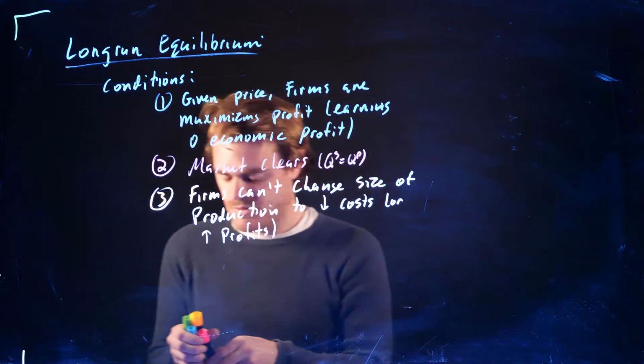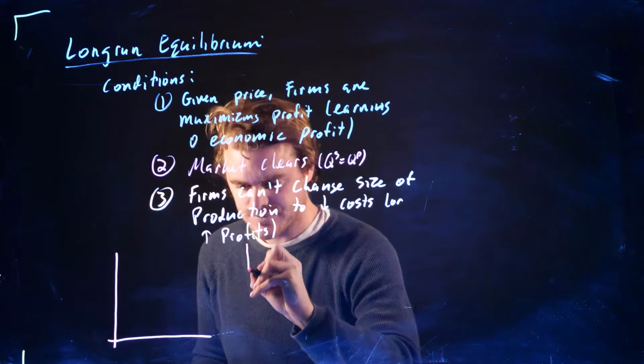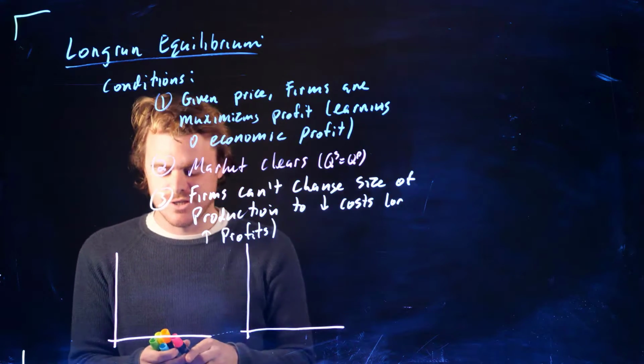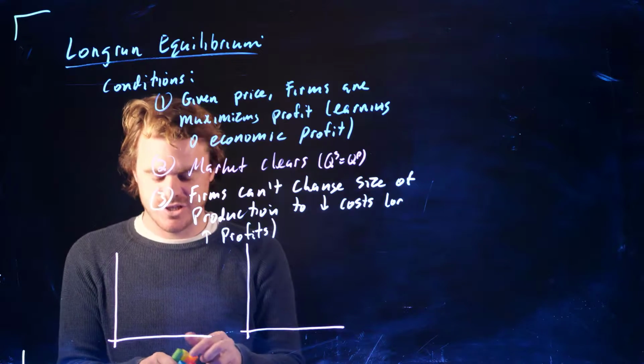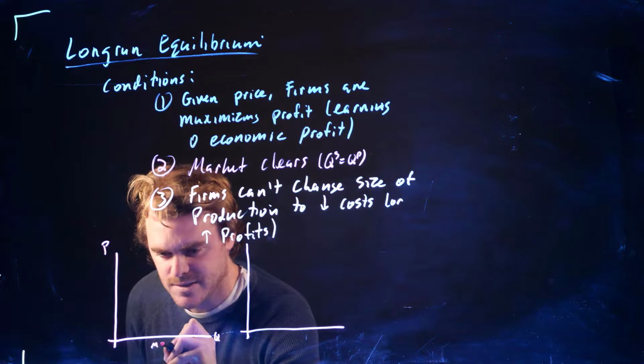And so when we think about drawing a long run equilibrium, which I'll do at the bottom here, we need to include one other curve, the long run average cost curve. So let's just write this out. First, price and quantity. This is the market.